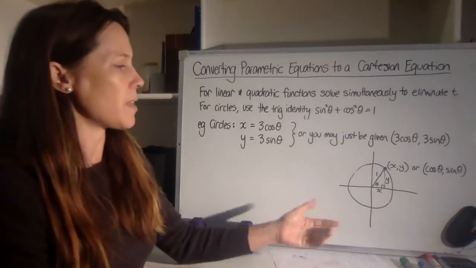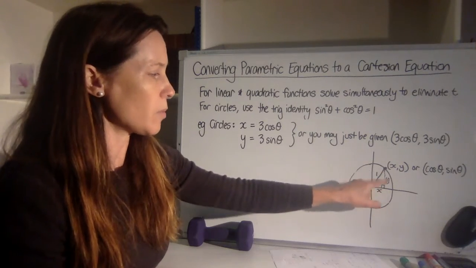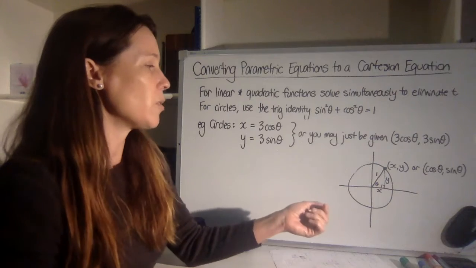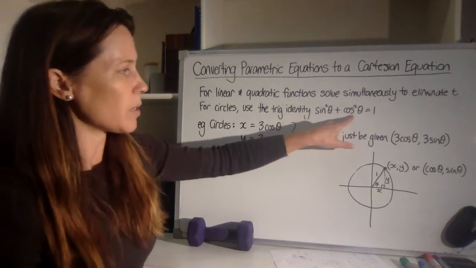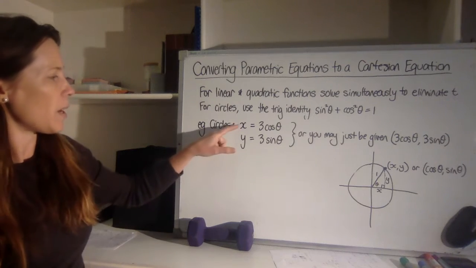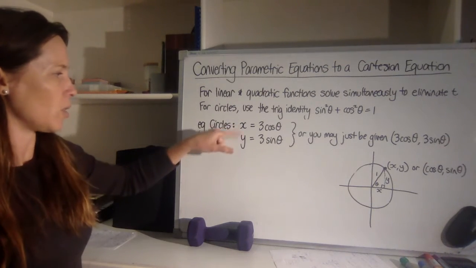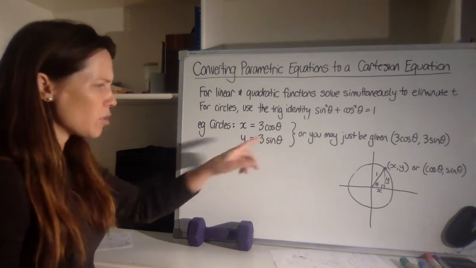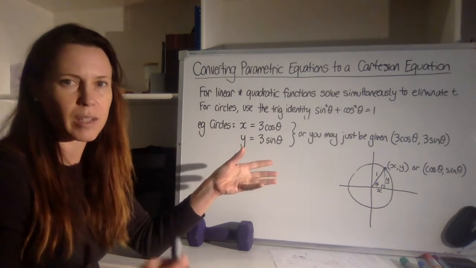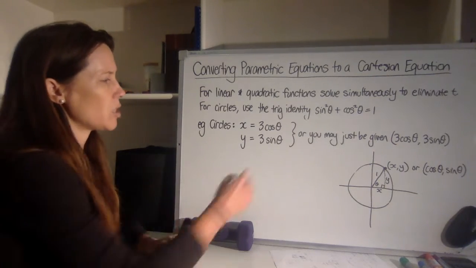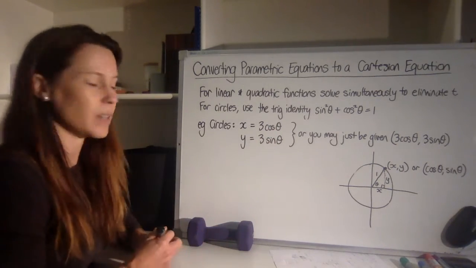We can also say then that if we know that x squared plus y squared equals 1, because Pythagoras' theorem would tell us that it is, we can also say that sine squared theta plus cos squared theta equals 1. So using that, if we're given a parametric pair of equations that look like this, our first step is, rather than try and get the theta by itself, we don't want to start putting inverse coses or inverse sines in there.